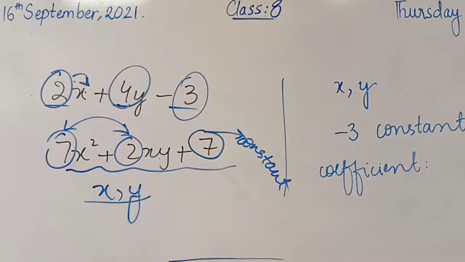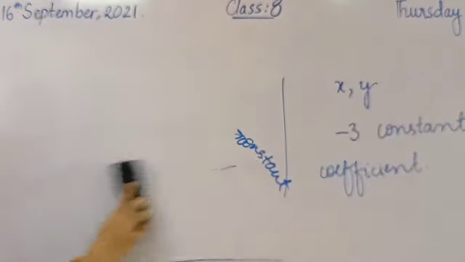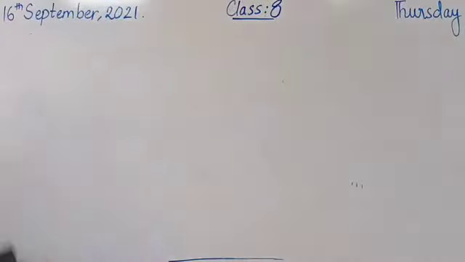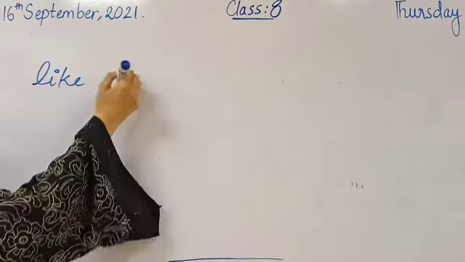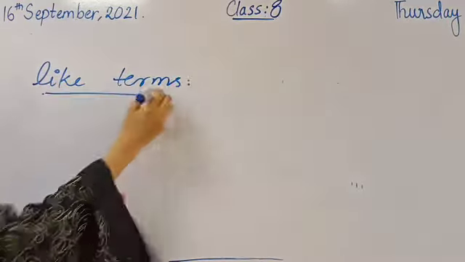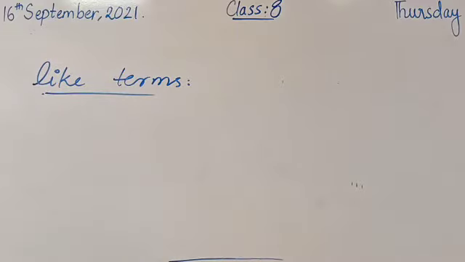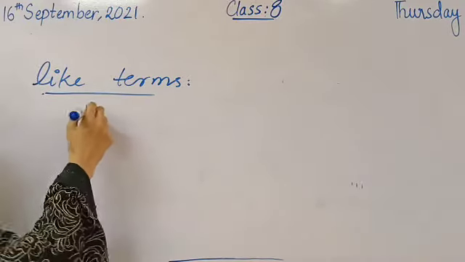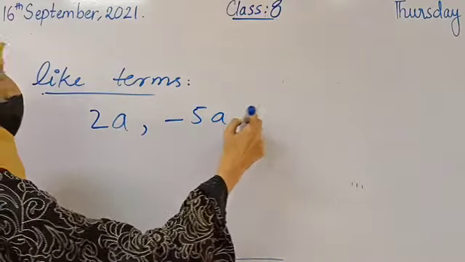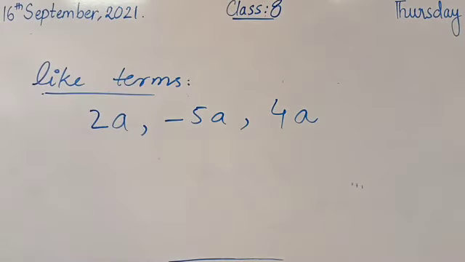Okay? Now see the difference between like terms and unlike terms. What are like terms? If different terms have the same variable, then they are called like terms. For example, I am writing 2a, minus 5a, 4a. All these terms have the same variable, which is a.